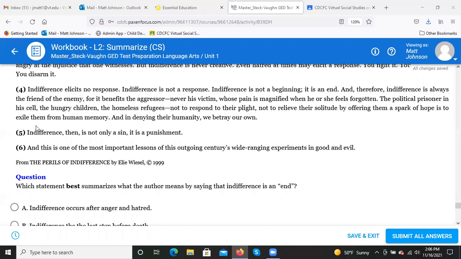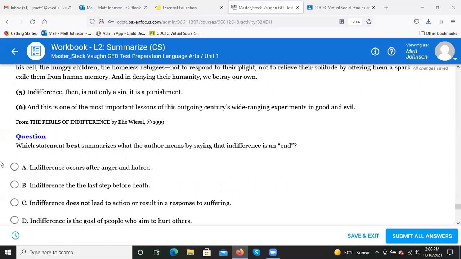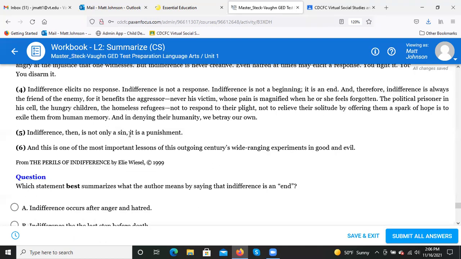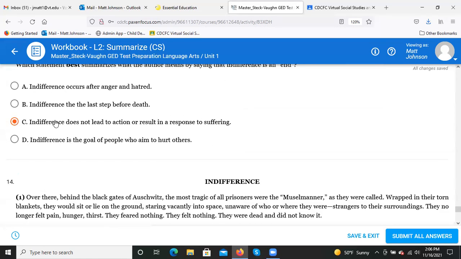Indifference elicits no response. Indifference is not a response. It's not a beginning. It's the end. So is it B? It's C. Indifference does not lead to action or result in a response to suffering, right? And there towards the end, not to relieve their solitude by offering them a spark of hope, is to exile them from human memory. And in denying their humanity, we betray our own.